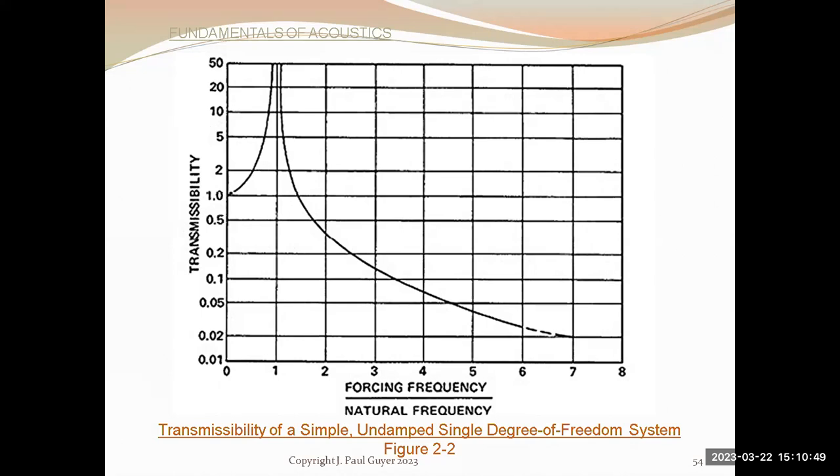And so you visualize the slinky bouncing up and down. And if you apply your forcing frequency to it at its resonant frequency, the amplitude of the slinky's bouncing up and down increases and increases and increases until finally it would conceivably break.